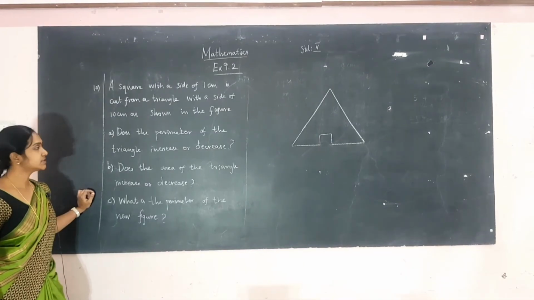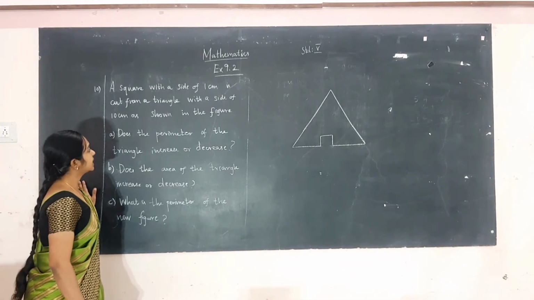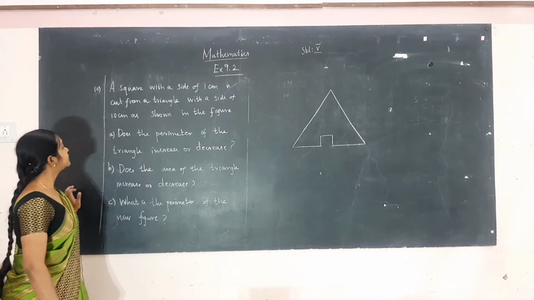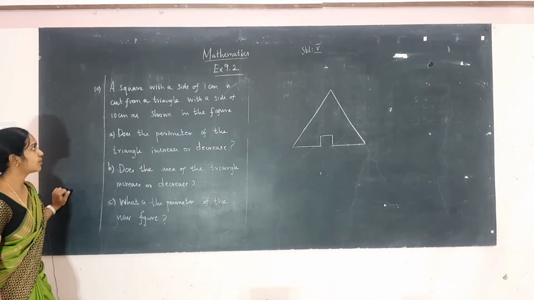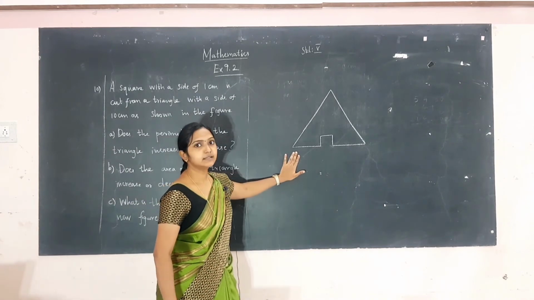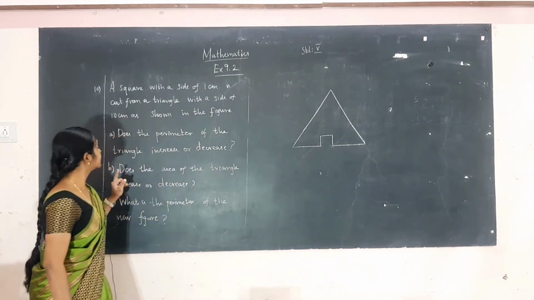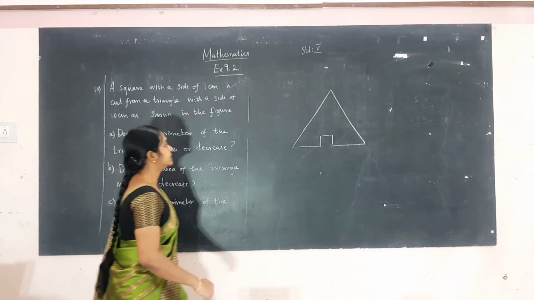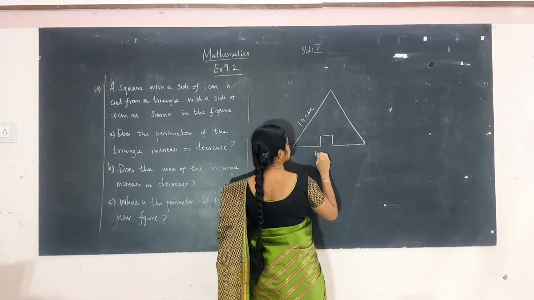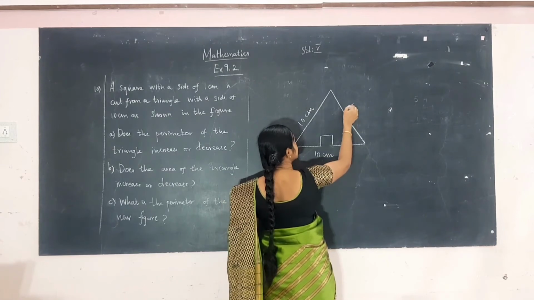The 10th question is, a square with side of 1 centimeter is cut from a triangle with a side of 10 centimeter as shown in the figure. This is a triangle. Each side of the triangle is given as 10 centimeter.